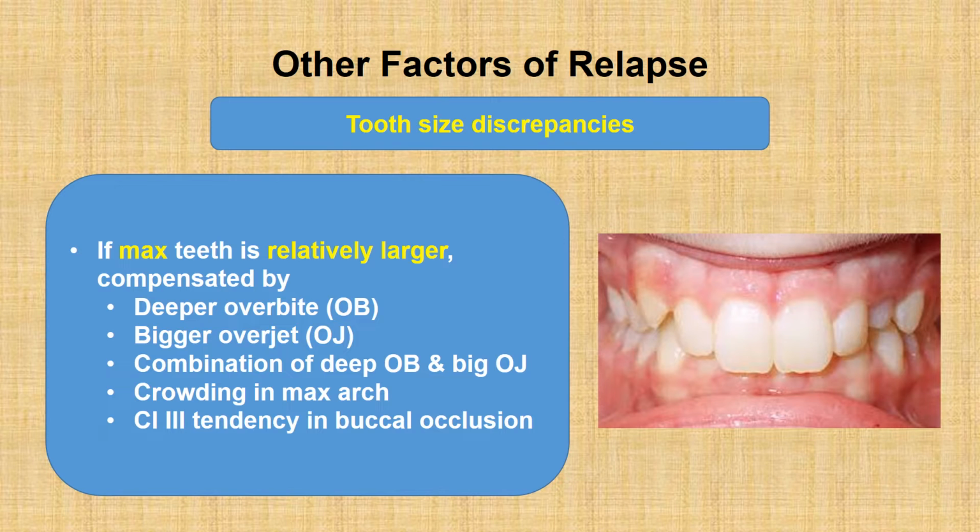Now if the maxillary teeth are relatively larger, this tends to be compensated by a deeper overbite, a bigger overjet, or a combination of deep overbite and big overjet, crowding in the maxillary arch, and a class 3 tendency in the buccal occlusion.